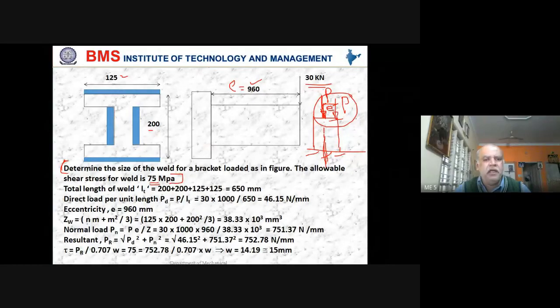And here this 200 is not up to this, it is only up to this. I think it's a small change. This is 200. Please correct your sketches. This is 200, this is 125.